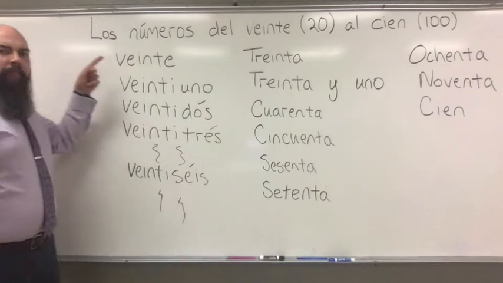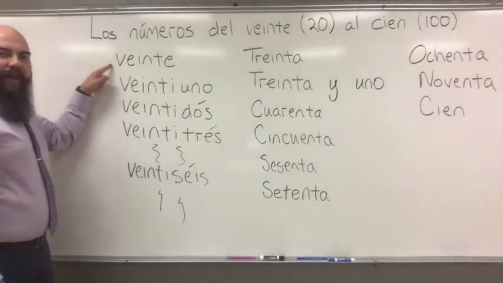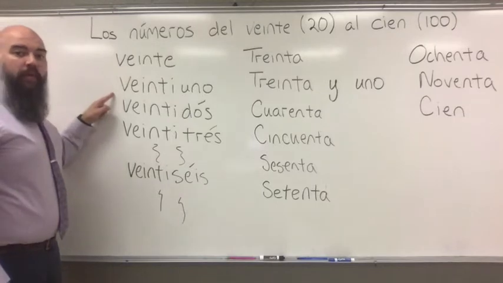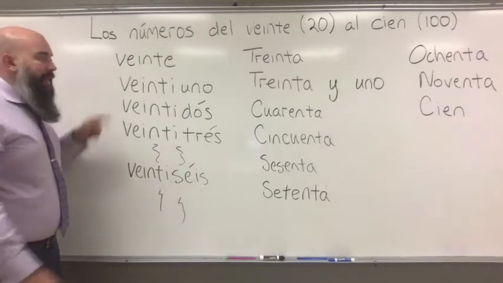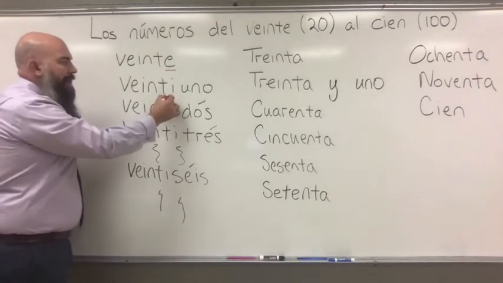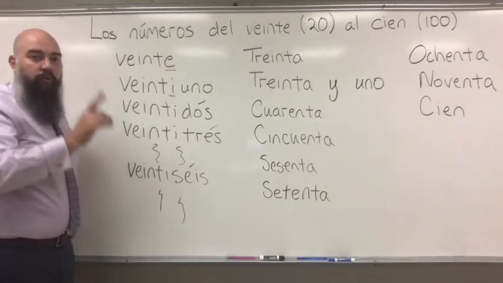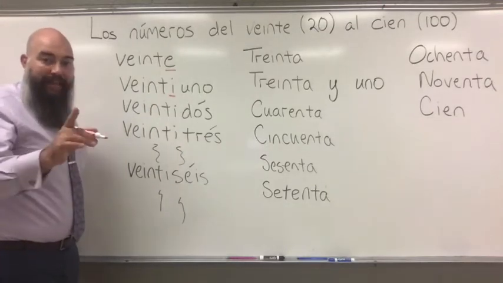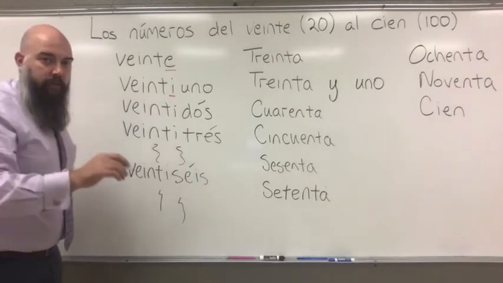Okay. So 20, now look what happens when I add 1 to 21. We have 21. Veinte with an E becomes veinti with an I. The reason behind that, I'm going to disappear for a second.